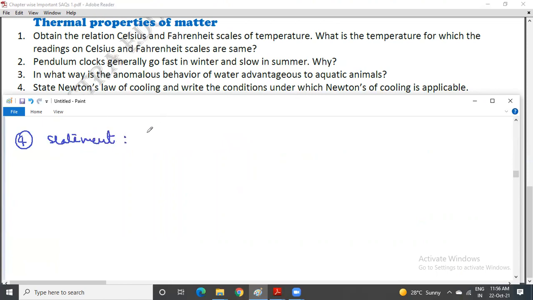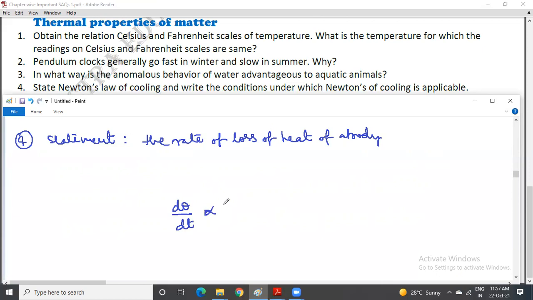The rate of loss of heat of a body, just keep this in mind, is proportional to the temperature difference between the body and the surroundings. You frame the sentence.